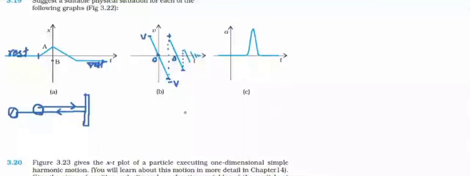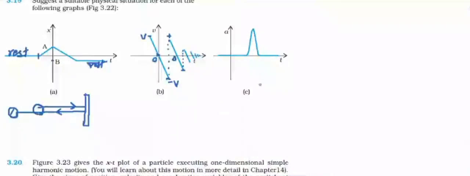But you can see these lines are parallel, which indicates that the acceleration, the slope of the graph, is constant. We know acceleration is g, 9.8 meter per second square. So this is a condition in which an object is thrown upwards, falls back and bounces repeatedly, and in each bounce a certain amount of velocity is lost.